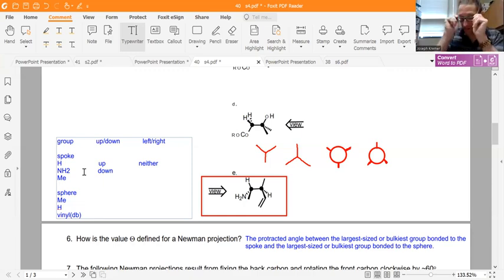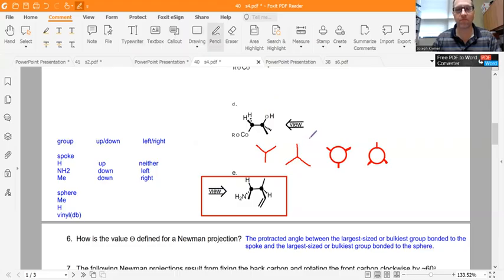And if I take off my glasses, put my cheek next to the screen, my cheek is very hot. And understanding what I know about wedges and hashes, the NH2 is to the, I hope you got it correctly, left. And that makes this one down and to the right. So right now, I already know that I'm going to be using up, down, down, correct?